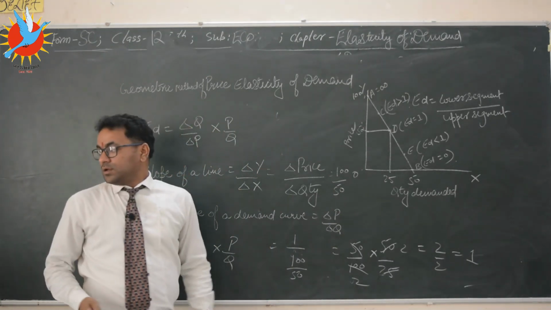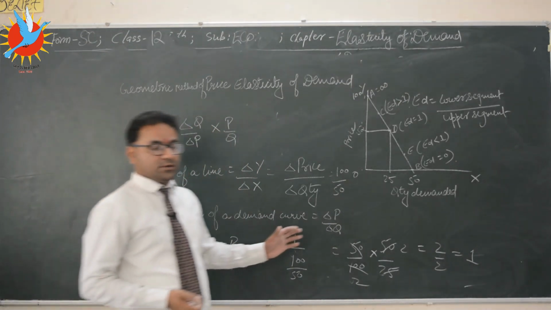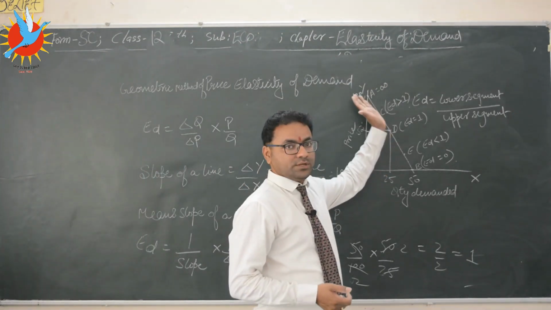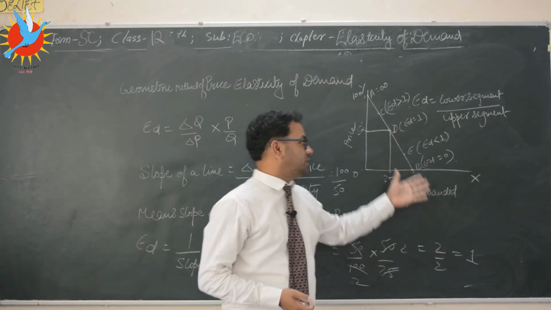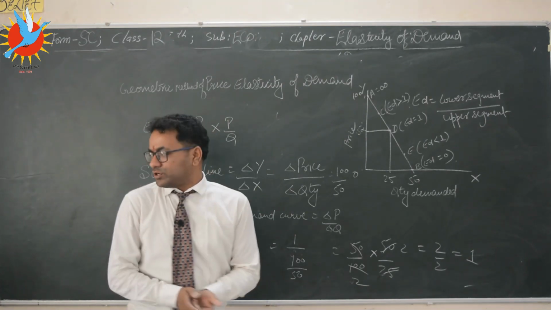This was your geometric method. In this, only fundamental is asked, numericals are not as in ISC board exams. It comes in the higher classes in post graduation and all.